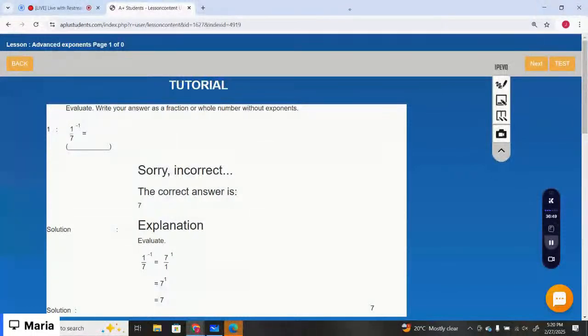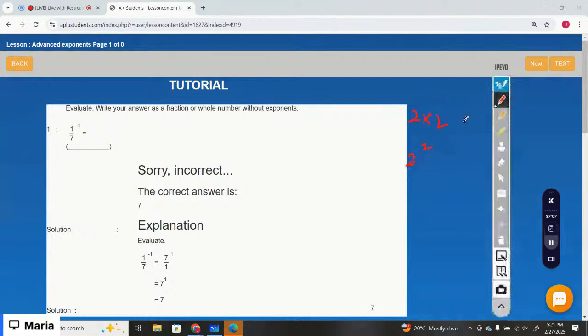Evaluate 1 divided by 7 exponent negative 1. Negative 1 is the exponent of 7.